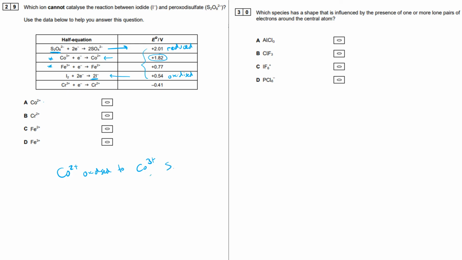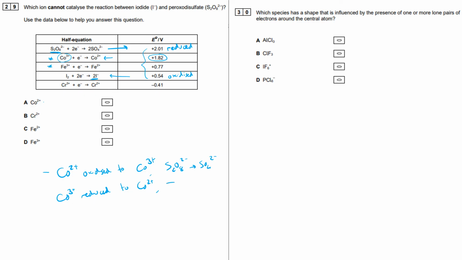As the peroxydisulfate is more positive, it is reduced to sulfate. Once the cobalt 2+ has reacted to form Co3+, the Co3+ would then be reduced back to Co2+, because that value is more positive than the iodide value.